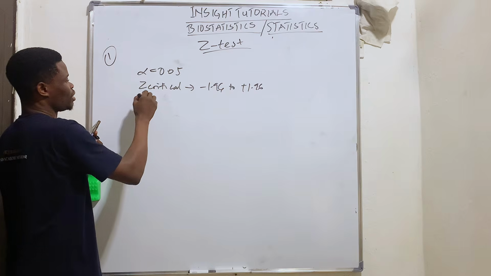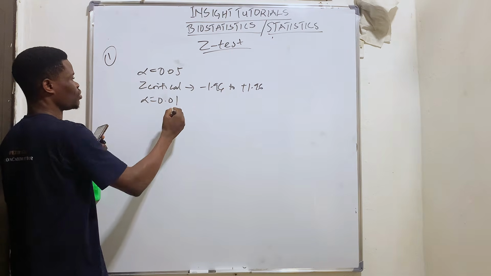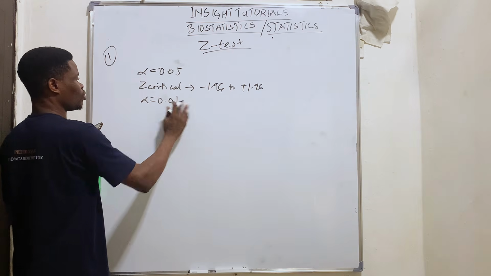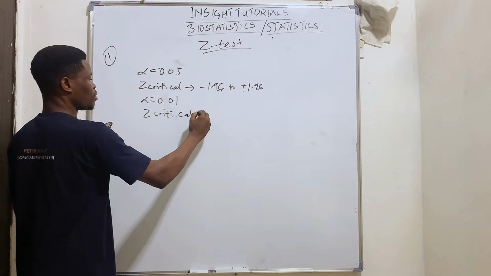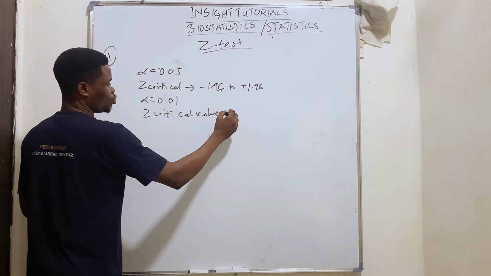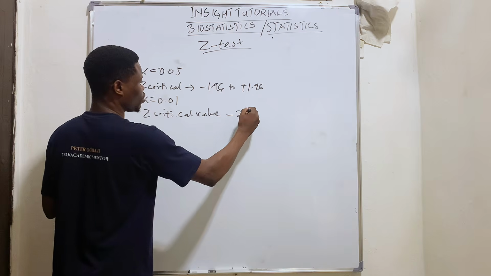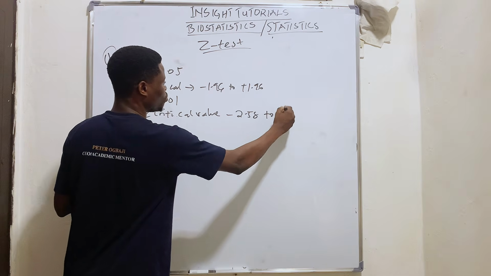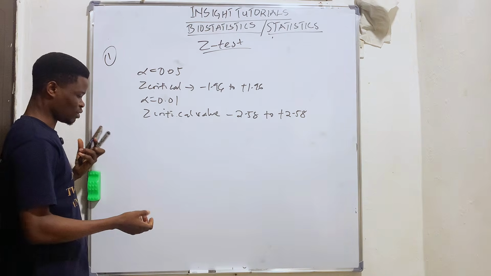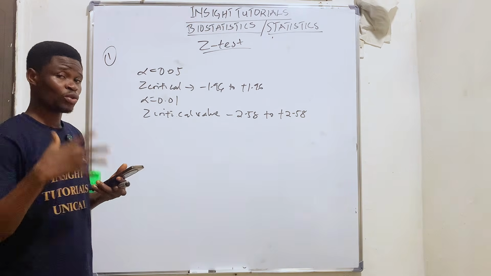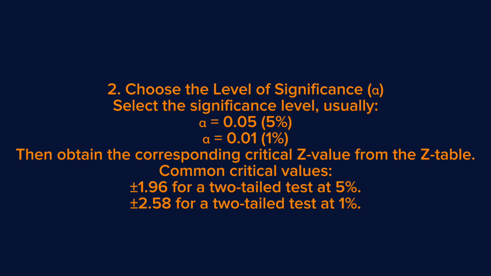If you're given an alpha level of 0.01, your Z critical value will range between minus 2.58 to plus 2.58. But the most commonly used is alpha level of 0.05. So that's number 2. You're going to choose your level of significance, which has a corresponding Z critical value.